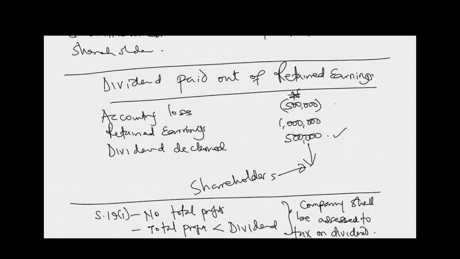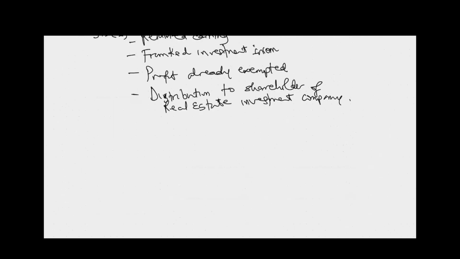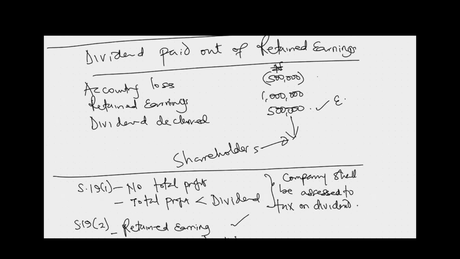Yes, it is, sir. Good. Now, the company made a loss, but they still went ahead and paid dividend. So if I may ask you, my dear student, where did they get dividend from? Retained earnings. And by implication, what would happen to this dividend? It won't be exempted from tax.